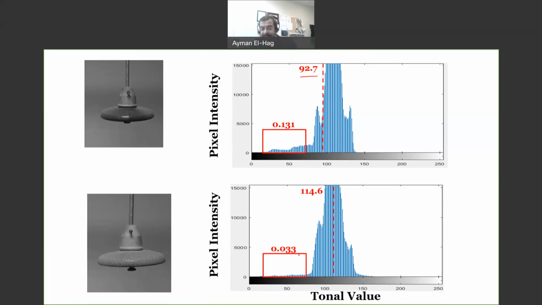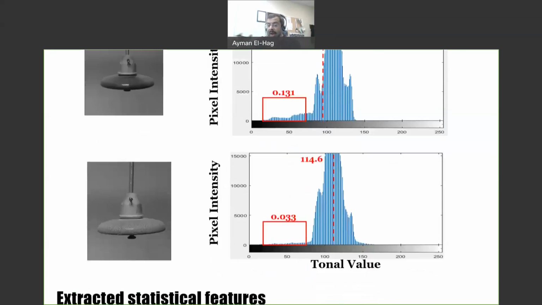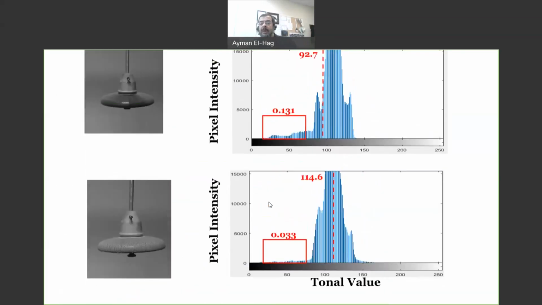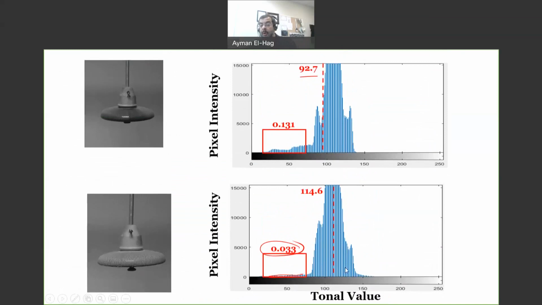So we see a reduction in the area because the blackish color has much fewer pixels, and the global mean will be higher because we have more whitish color.